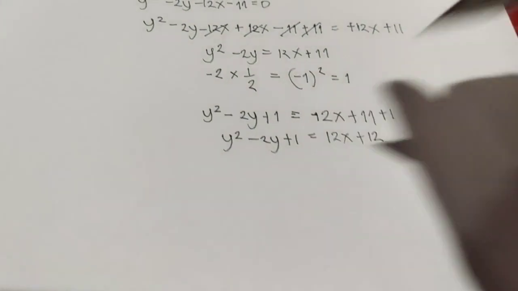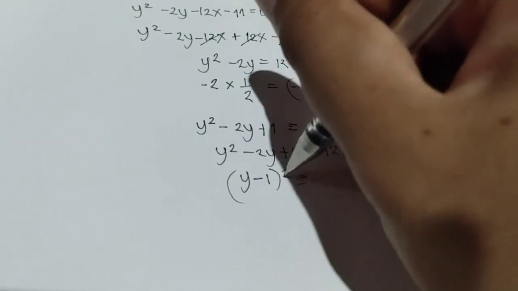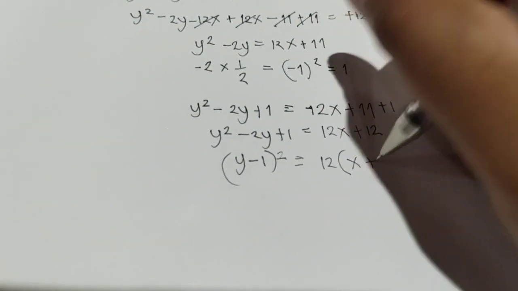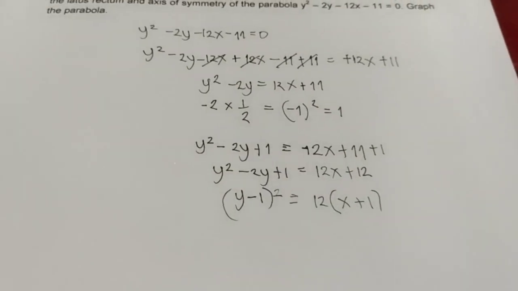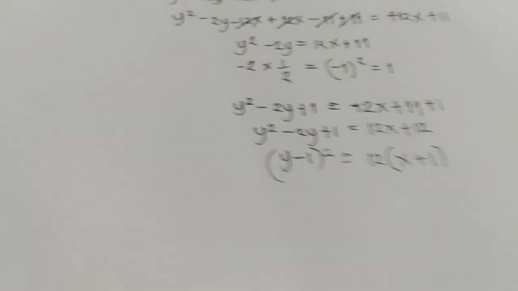And then factor both sides. We have (y minus 1) squared is equal to 12 times (x plus 1). So the standard equation is (y minus 1) squared equals 12(x plus 1).